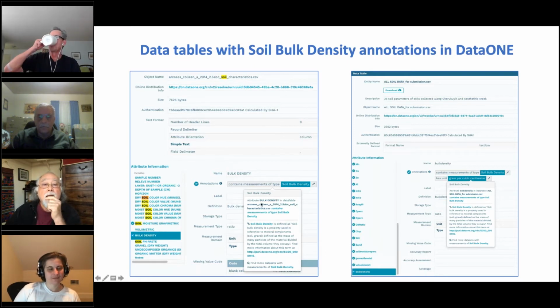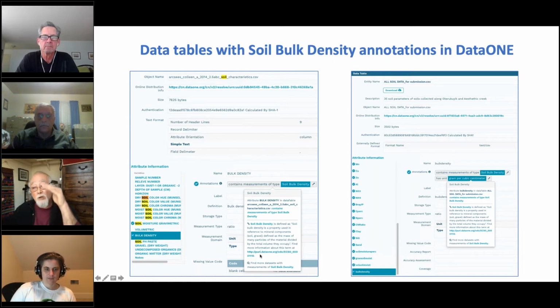It shows what our definition of soil bulk density is, and it gives you a link to that dereferenceable URL to go to the ontology, where you can also learn more about what soil bulk density is. Over here in this table, they had called it just this one word, bulk density.